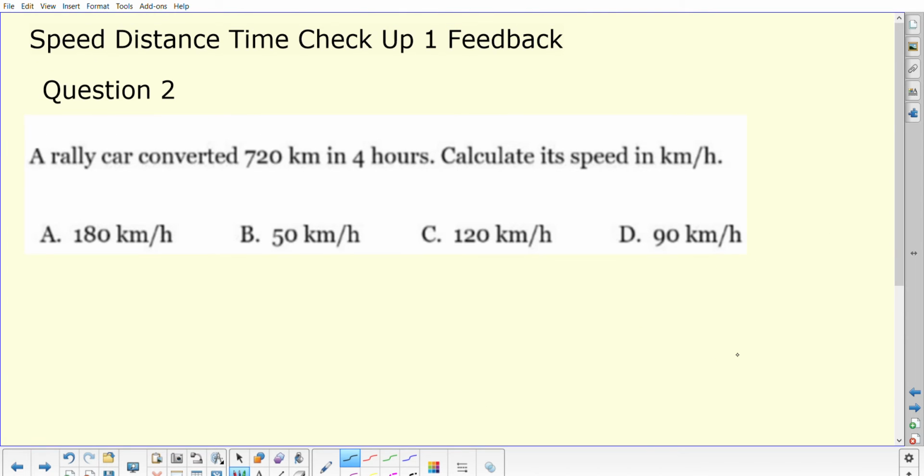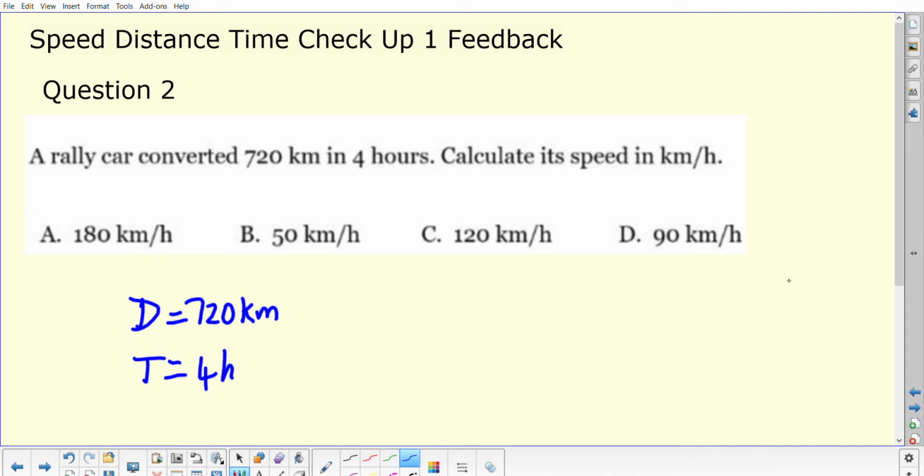So second question, a rally car covered 720 kilometres in 4 hours. That means it drove a distance of 720 kilometres in 4 hours, so our time was 4 hours. So again, calculate the speed.